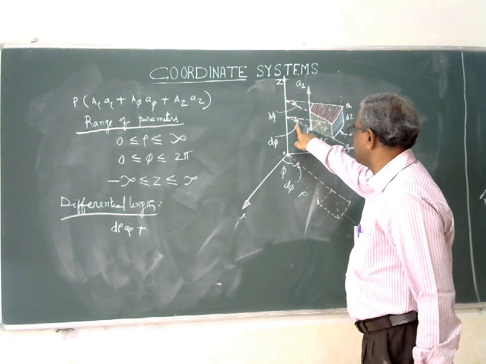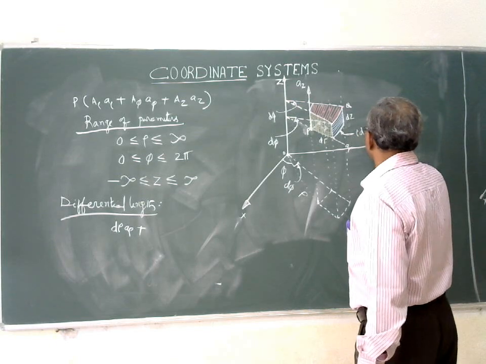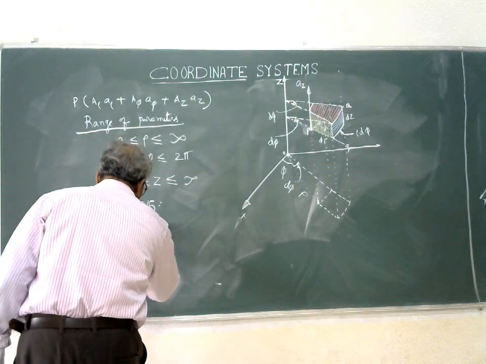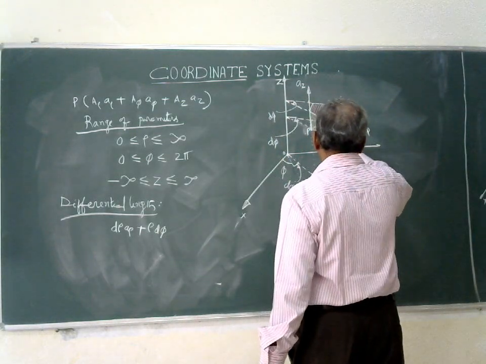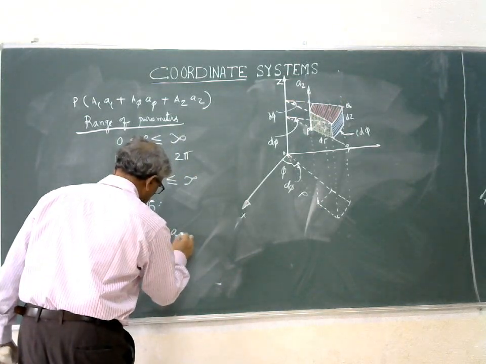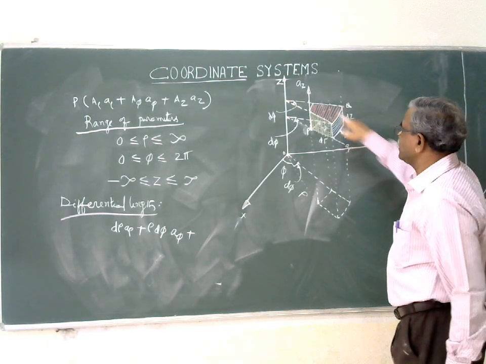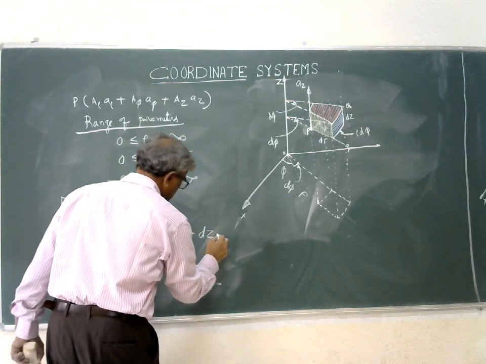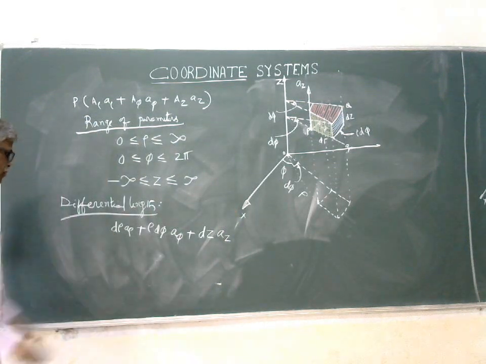The angle is d phi and this length is rho, so this is rho d phi, and the unit vector in this direction is a phi. What is the third length? This length is along the z axis, so dz, and the unit vector is a z. This is the differential length from P to Q.